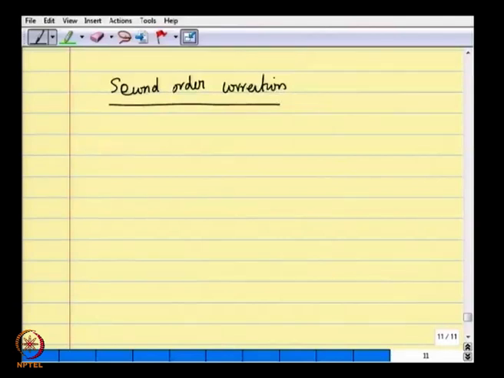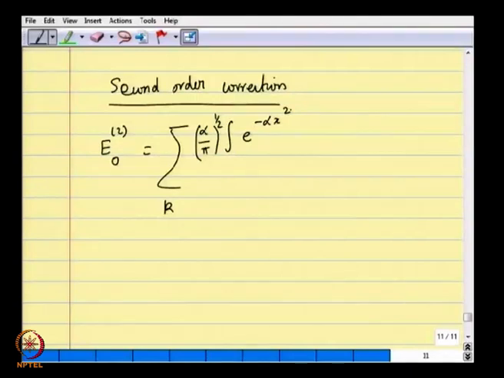but let us first write down the corrections, namely E, the lowest energy level 0, and the second order correction 2 is given by sum over k, the integral alpha by pi to the 1 by 2, e to the minus alpha x square by 2, sorry, alpha x square by 2, not even 1 by 2.